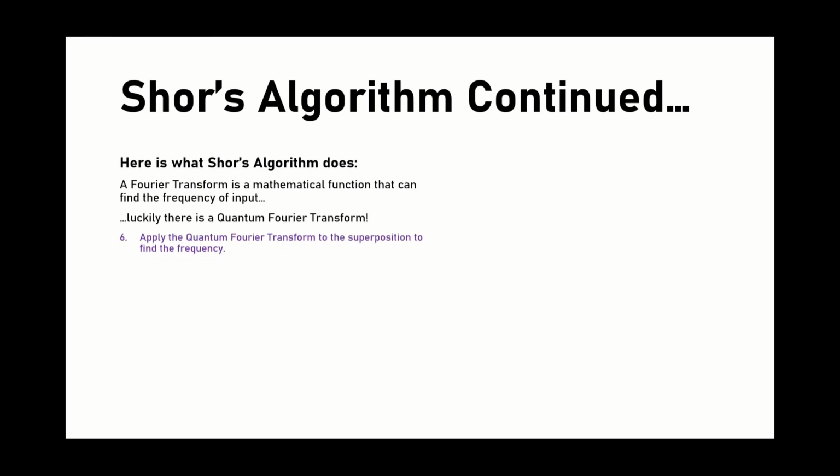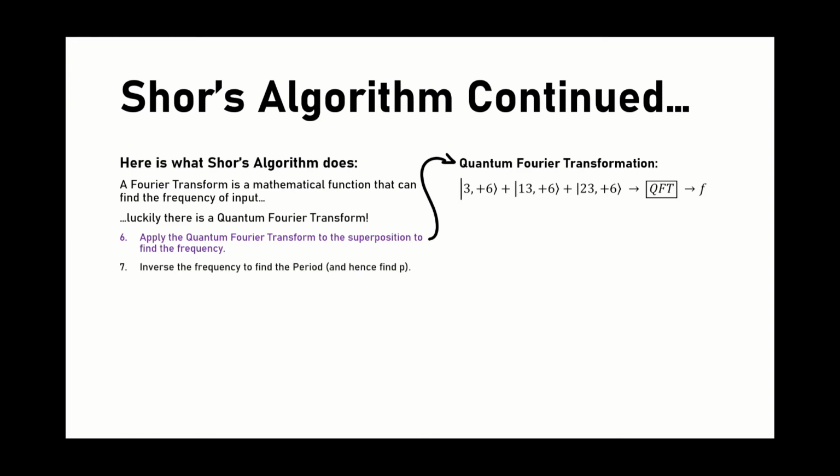So the next step is applying this quantum Fourier transform to the superposition, and we find the frequency. So we input a superposition into here, we get out what our frequency is. Now we invert this frequency to find the period, and hence we find p.